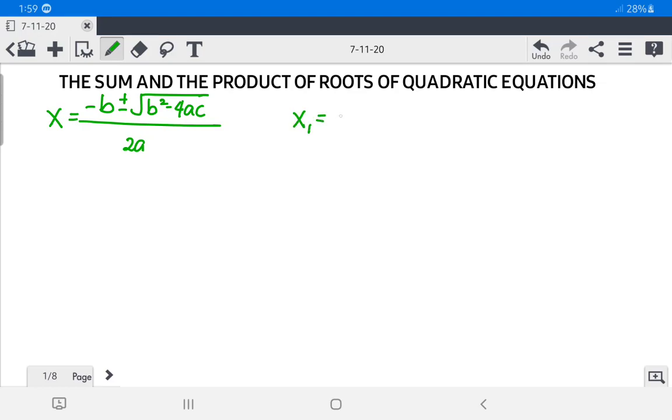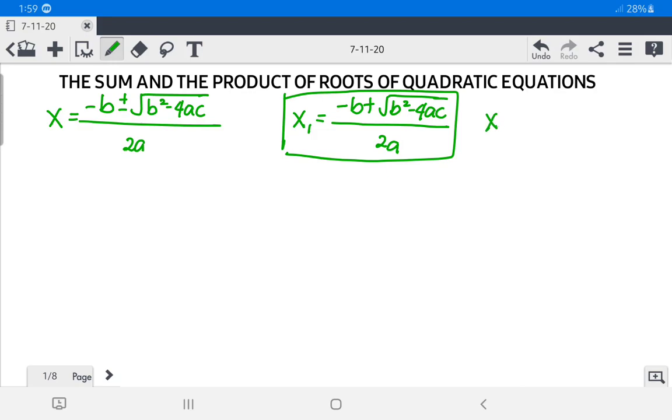Then, if the roots of ax squared plus bx plus c is equal to 0 are x of 1, negative b plus square root of b squared minus 4ac over 2a, and the second root, negative b minus square root of b squared minus 4ac over 2a.